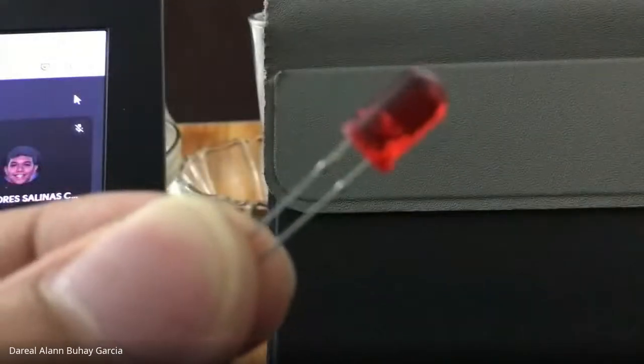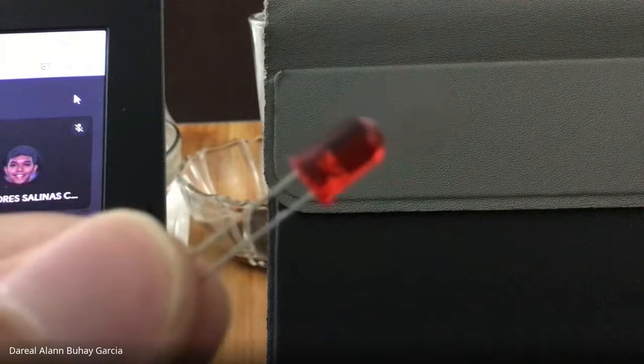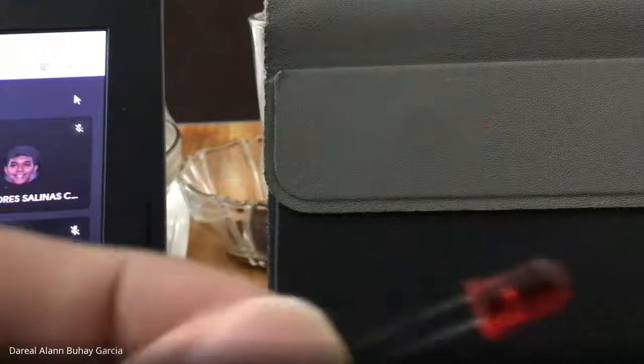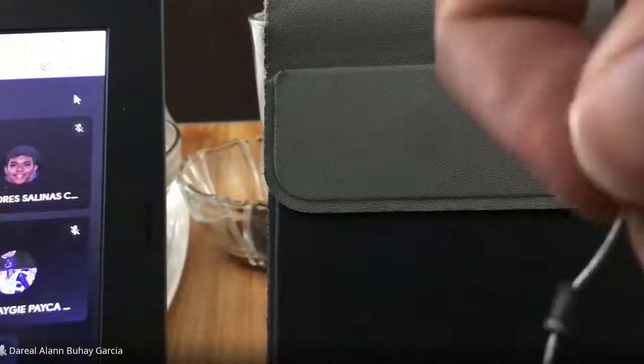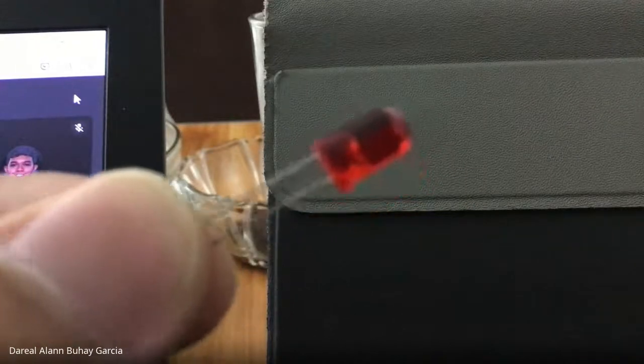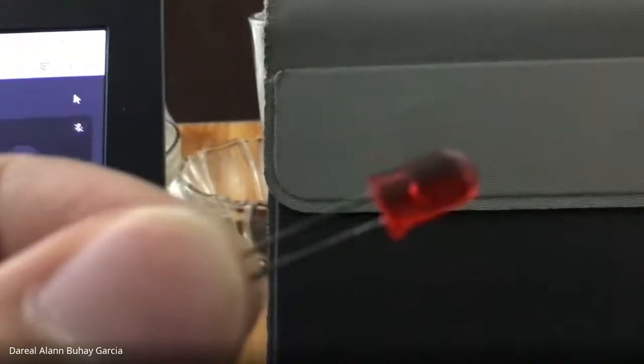A light-emitting diode. In terms of mechanism and use, it is the same as a regular diode. The only difference is that it lights up when it works.